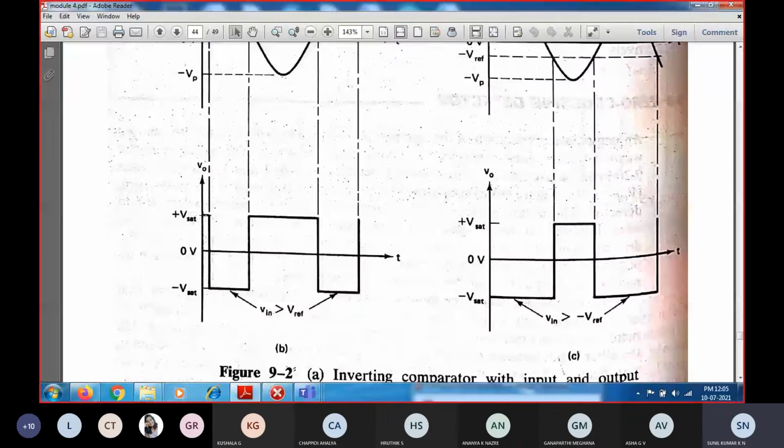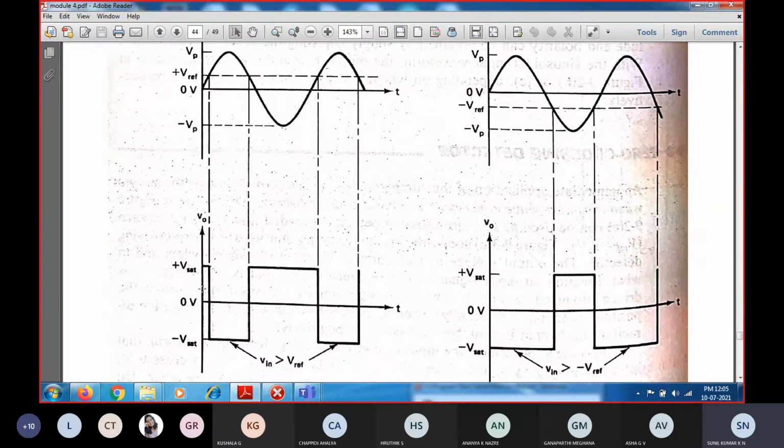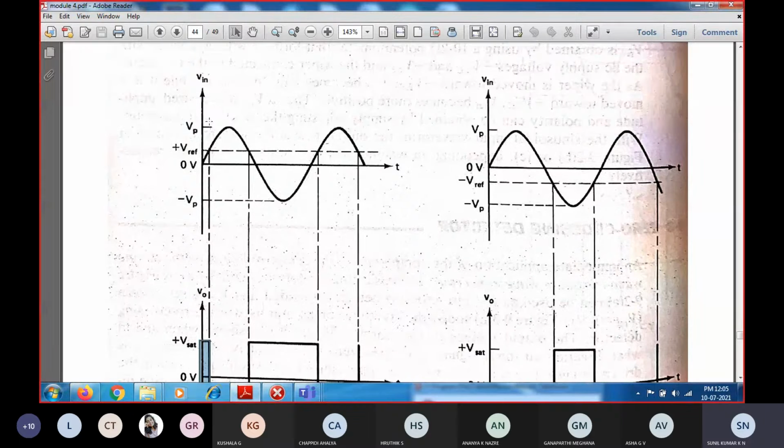So you can see the output is positively saturated until the input exceeds the reference voltage, because the non-inverting terminal voltage is more than the inverting, so the output saturates in the positive direction. Whenever the input exceeds the value of the reference voltage, even by just a microvolt difference, the output changes.